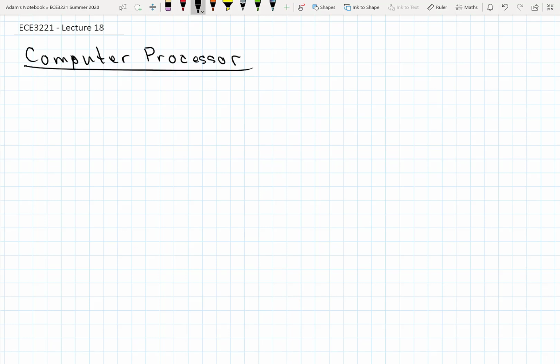Okay, so the computer processor is essentially just a very large sequential circuit. That means that its outputs are a function of timing, and probably most of you are aware that our processors are synchronized to a clock, and it's only on those clock edges that it executes instructions.